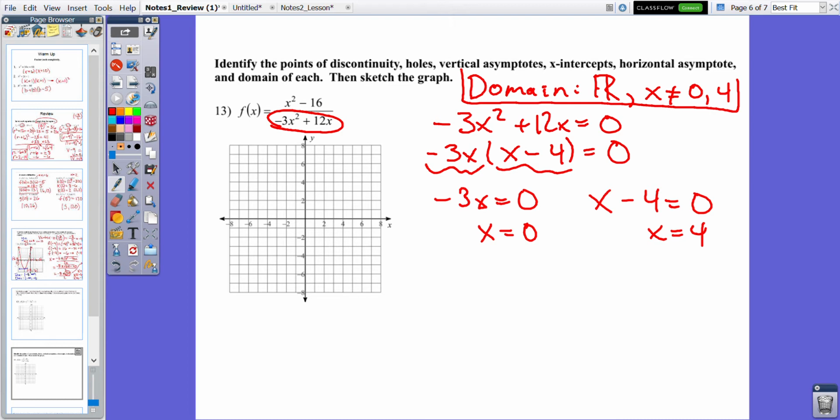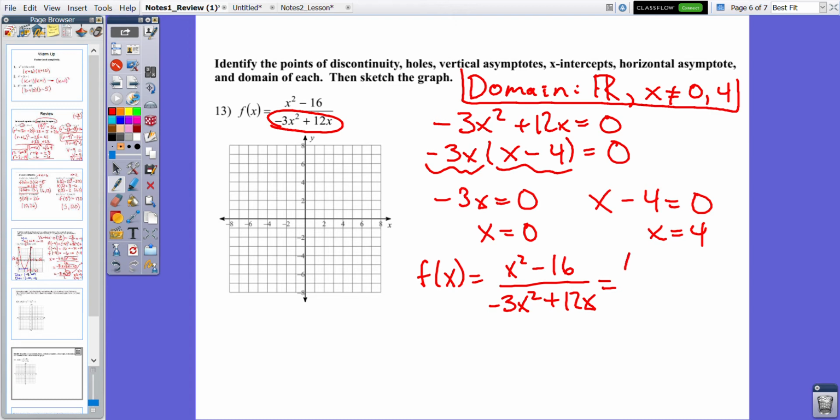If we look at our function, f of x is equal to x squared minus 16 divided by negative 3x squared plus 12x. Let's factor both numerator and denominator. The numerator is x squared minus 16. Both of them are perfect squares, so it's the difference of squares.